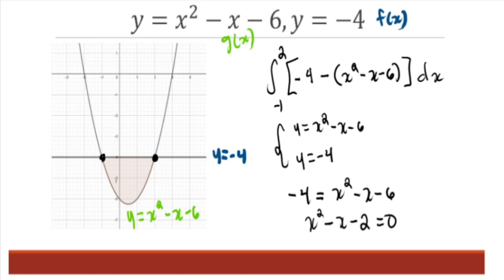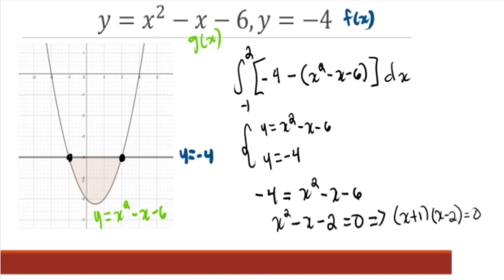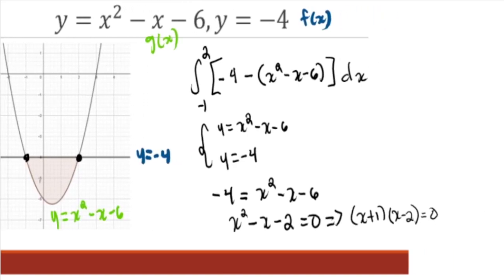We have a quadratic polynomial which we can factor as x plus 1 times x minus 2 to get negative 1 and 2. Okay? So since we have the bounds and we have the setup, we can now proceed and solve this one.